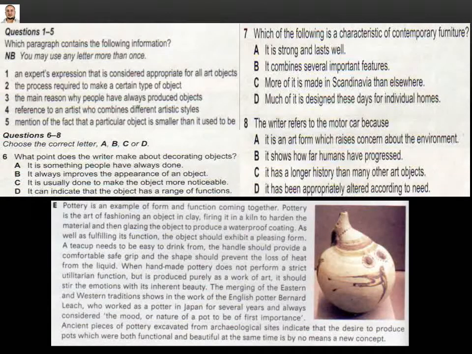A teacup needs to be easy to drink from. The handle should provide a comfortable, safe grip, and the shape should prevent the loss of heat from the liquid. When handmade, pottery does not perform a strict utilitarian function, but is produced purely as a work of art. It should stir the emotions with its inherent beauty.